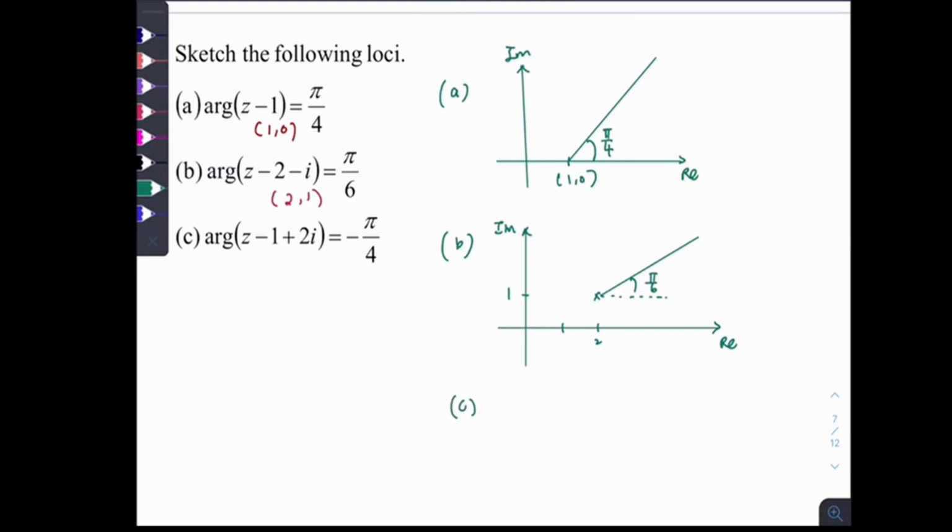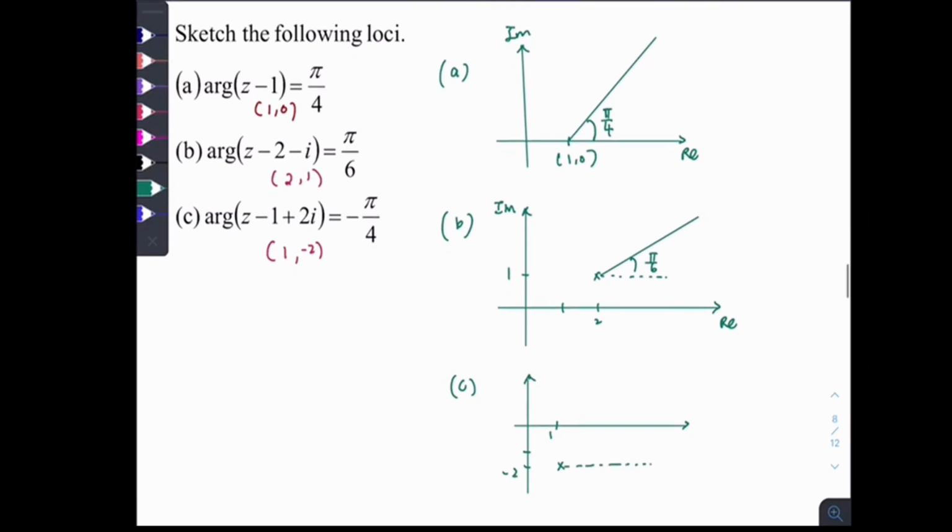What about the C? The C's point should be 1 and -2. So from the point 1 and -2, somewhere here, then you draw a line that is parallel to the x-axis as a reference line to calculate the angle, and notice that this angle is negative pi over 4, which is negative 45 degrees.